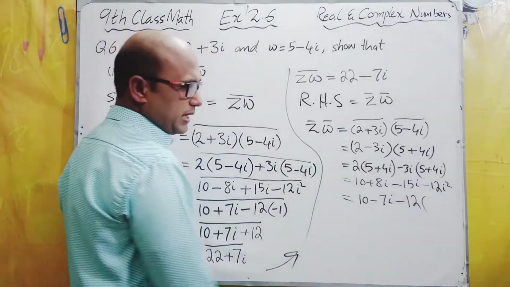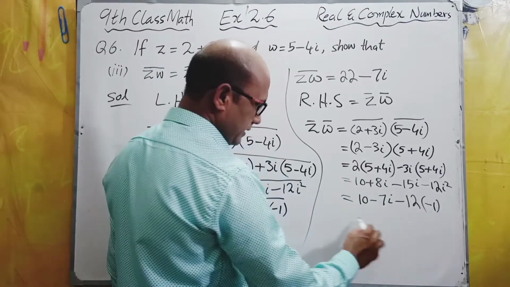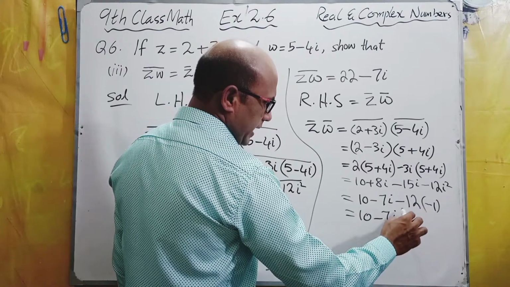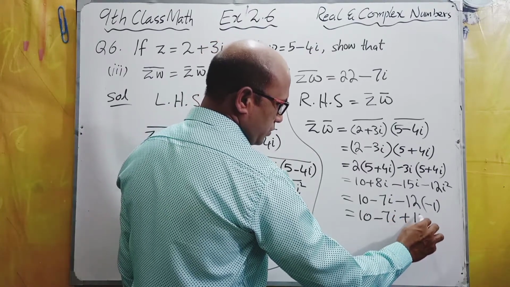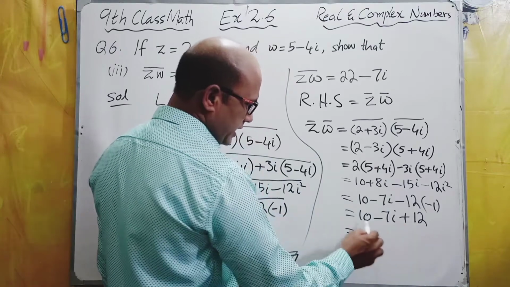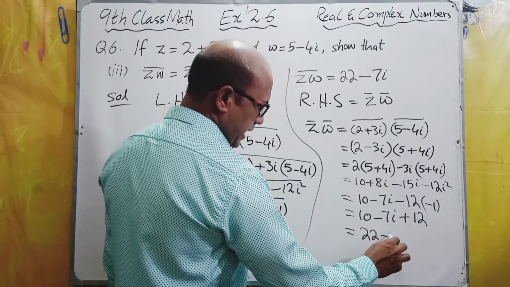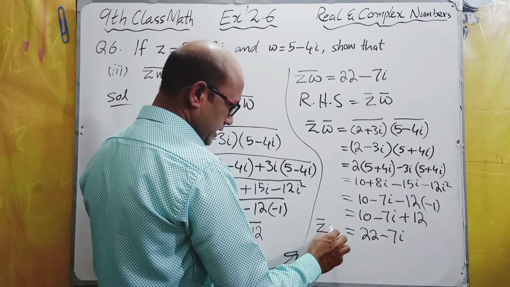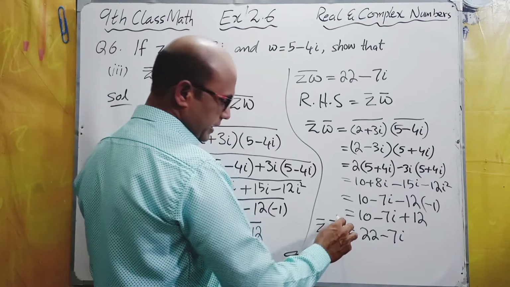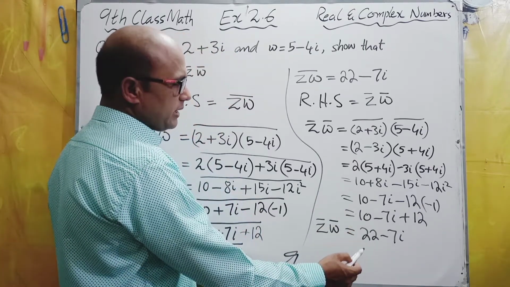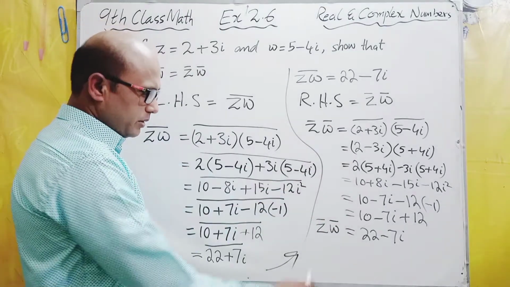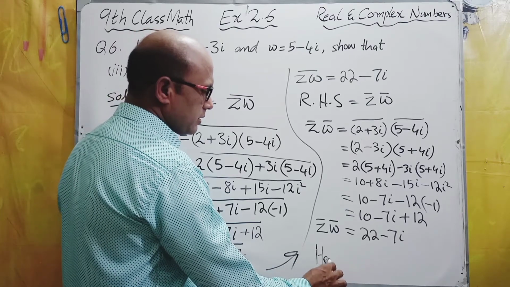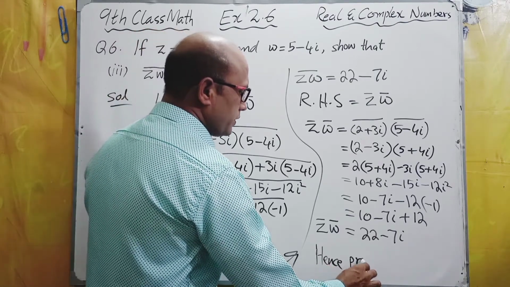In place of iota square, we'll write minus 1 again, and 10 minus 7 iota, minus minus plus, 12 ones are 12, and we'll add these two now. 22 minus 7 iota, so it's the value of z bar and omega bar, and we can see both sides' values are the same, so we can write, hence proved.